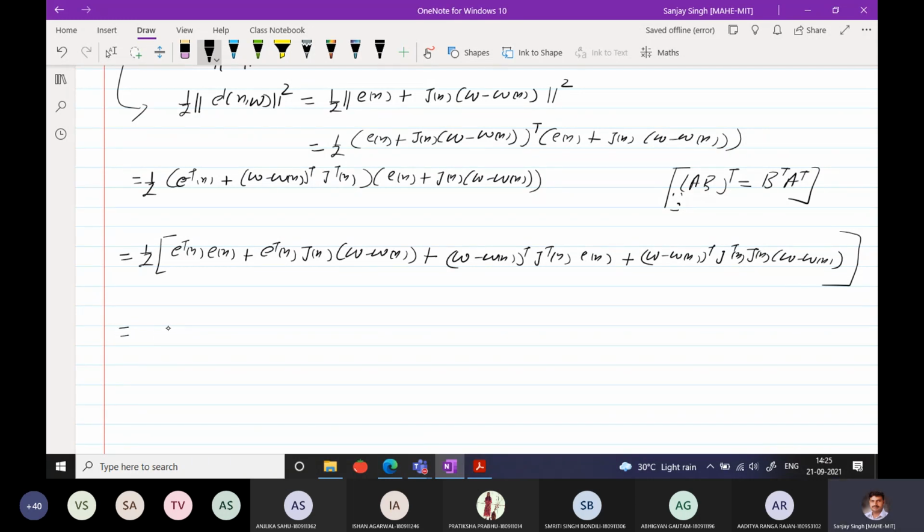Once I have done this, let's see whether there is any similarity. We see that this part and this part are somewhat similar. I have to do the flipping process.